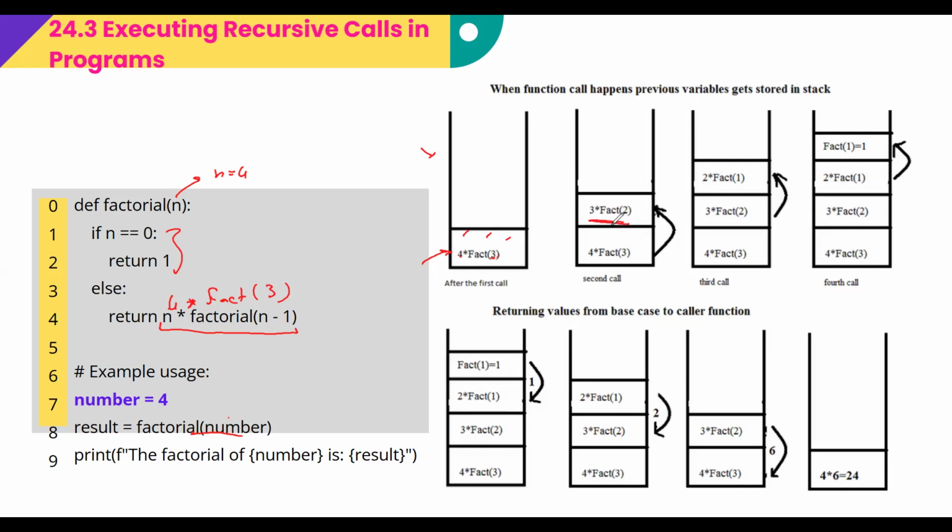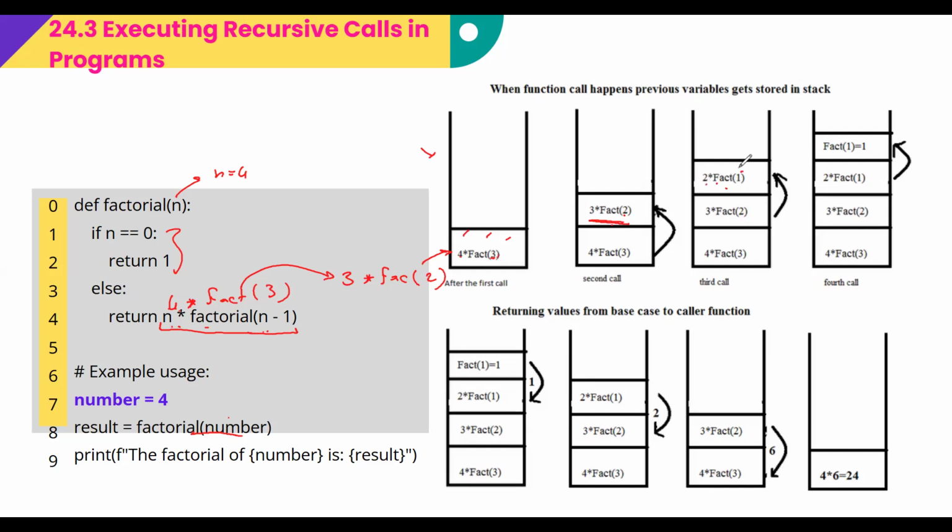So what is happening here is the second call from this function. You call this, and it will come to the same place and say 3 multiplied by factorial 2. And that's what's happening here. This factorial 2 will reserve a new place in the memory, but with 2 multiplied by factorial 1.